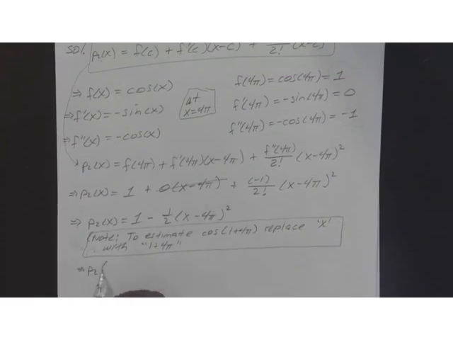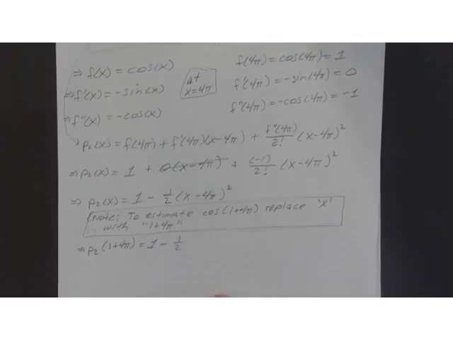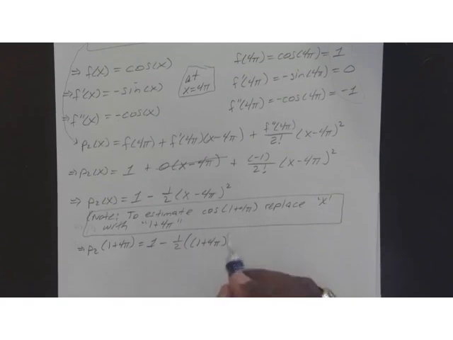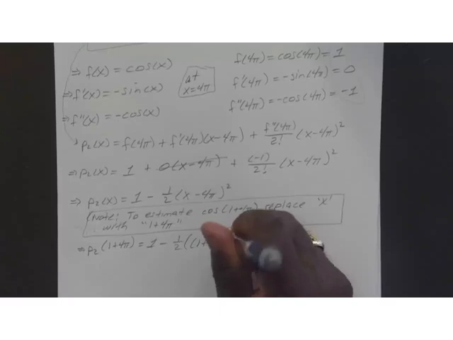Okay, so our p sub 2 of 1 plus 4 pi is just equal to 1 minus 1/2, times 1 plus 4 pi minus 4 pi. Make that minus a little clearer.